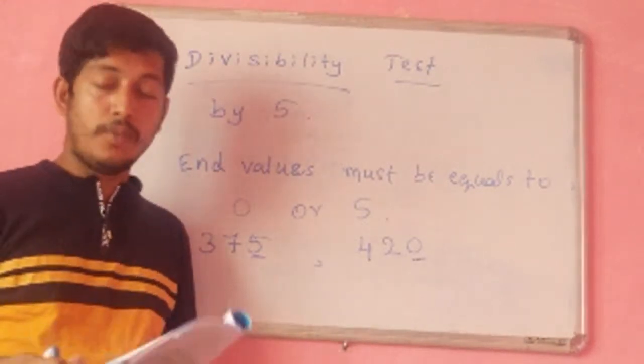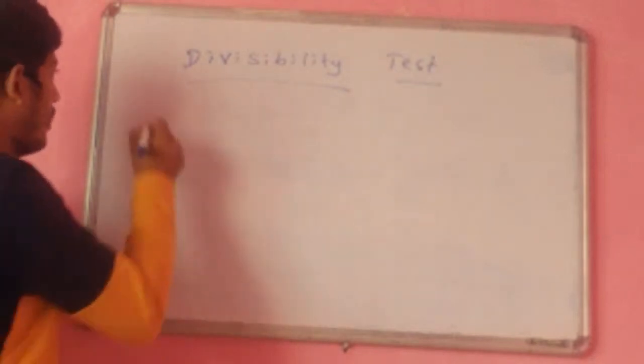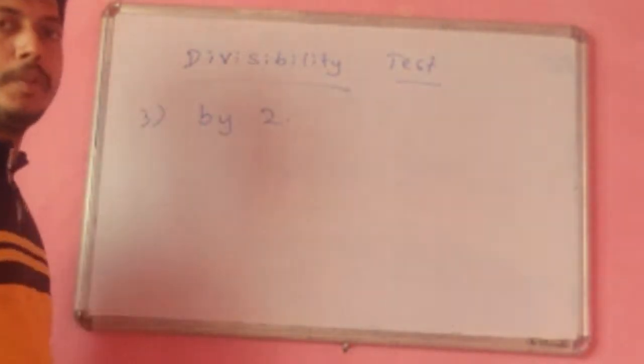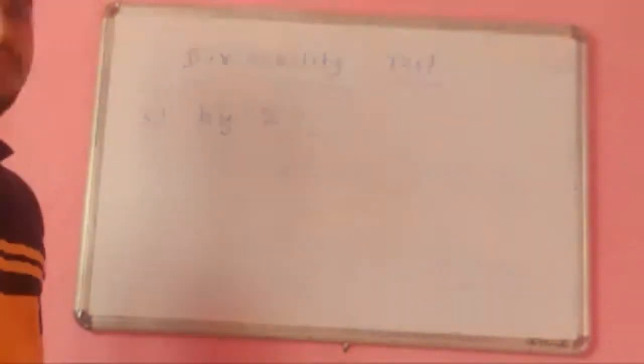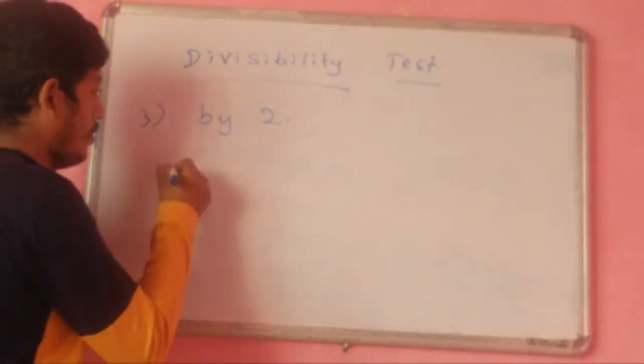The next one is divisibility by 2. Next one, third one. By 2. So just comment which are the end digits. Divisible by 2.